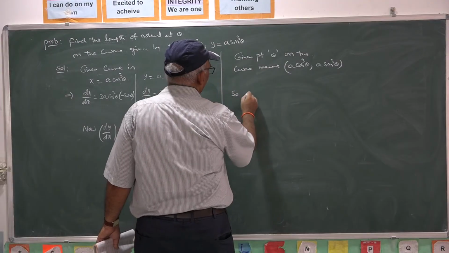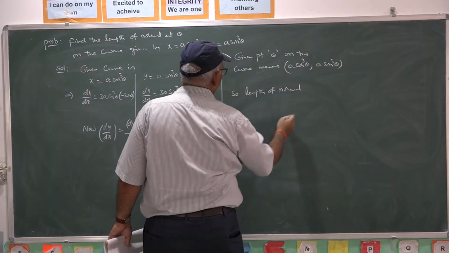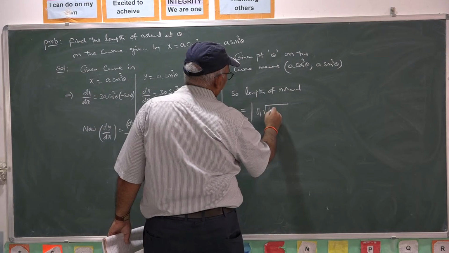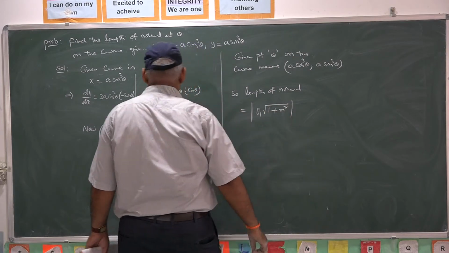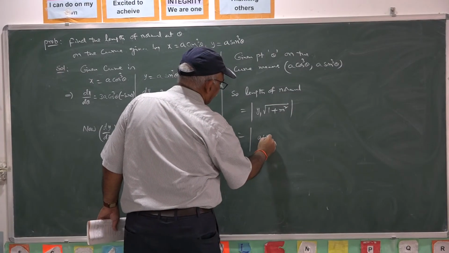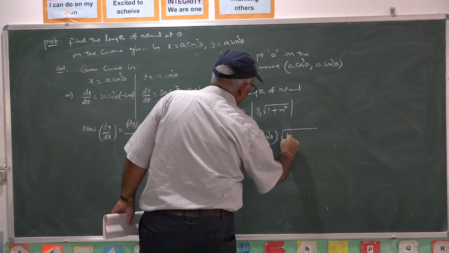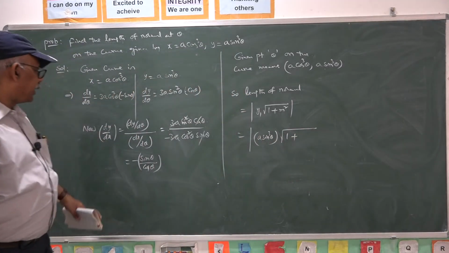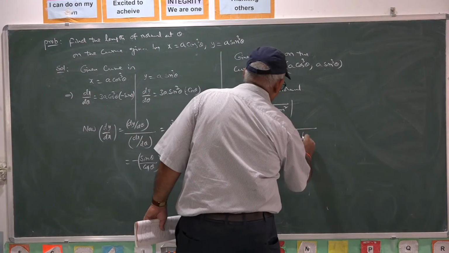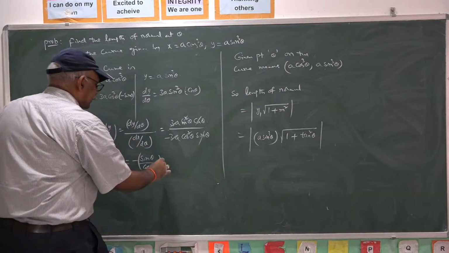So the length of the normal is the modulus of the formula y1 into root over 1 plus m square. y1 is here a sin cube theta, into root over 1 plus m, where m is dy by dx at theta, minus sin theta by cos theta, whole square, that is tan square theta, because this is minus tan theta.